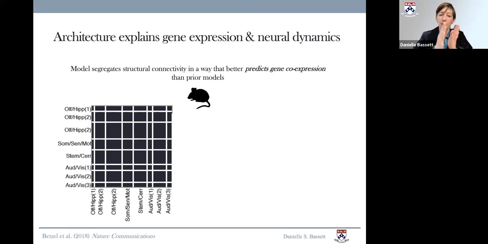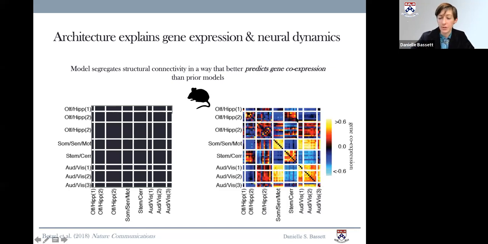Then I can ask, does that organization tell us something about the brain's function? One particularly important marker of brain function is patterns of gene co-expression. When two regions of the brain share the same expression of genes, that's often a marker for shared function.